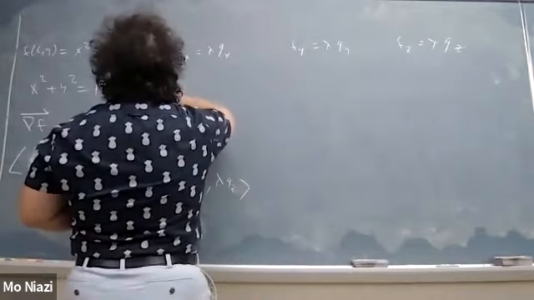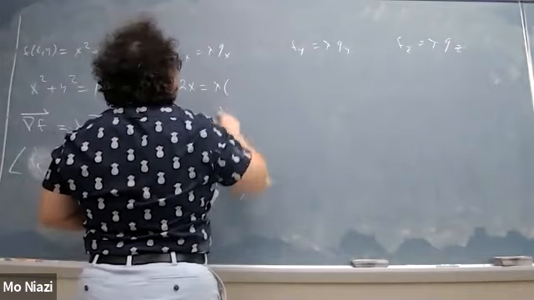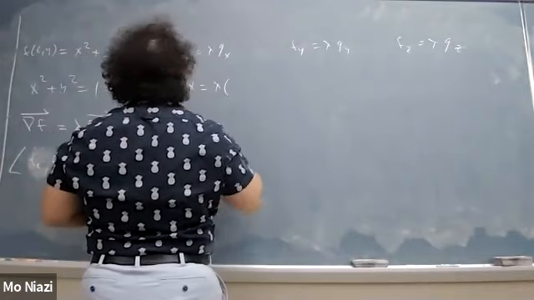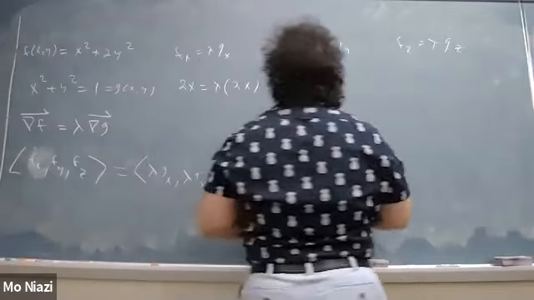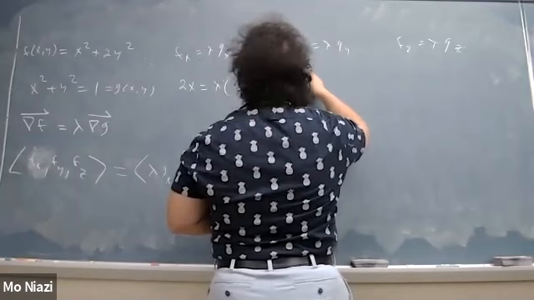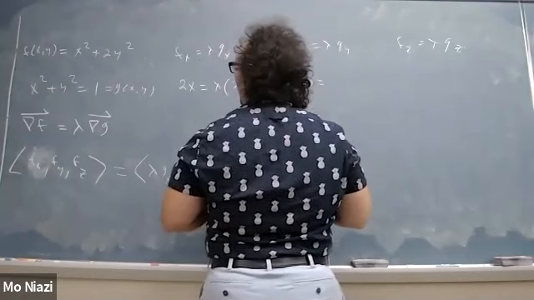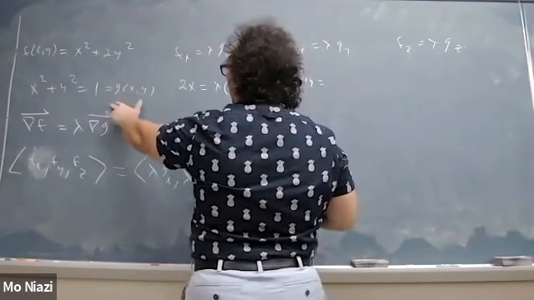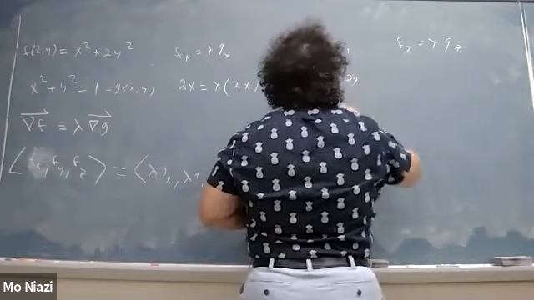So this becomes partial x of f, which is 2x, equal to lambda times partial x of g, which is 2x. Then partial y of f becomes 4y, and partial y of g becomes lambda 2y.